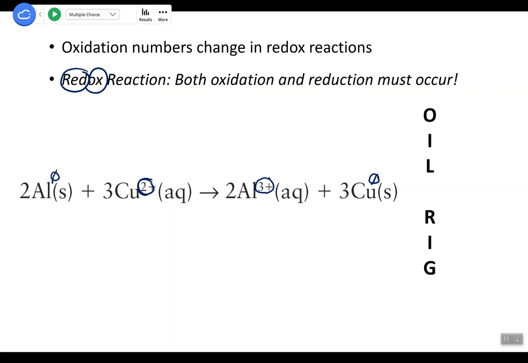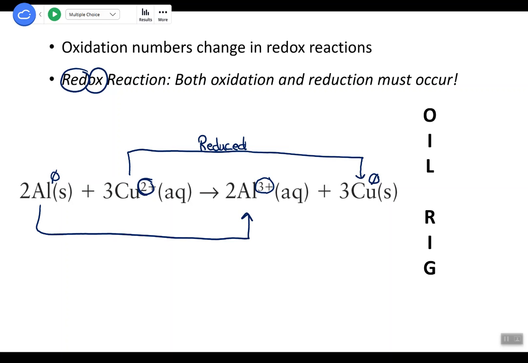If we are going, let's talk about copper, +2 down to 0, that means the oxidation number has been reduced. It's gone down on that temperature scale. Therefore, copper is reduced. Well, that means aluminum, it's going from 0 to +3. That oxidation number is increasing. It is being oxidized.